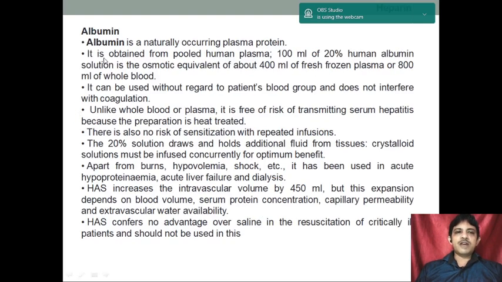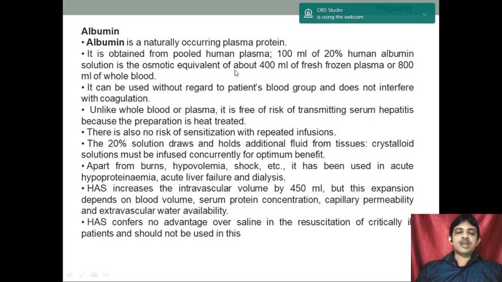Now coming to the first, albumin. Albumin is a naturally occurring plasma protein. It is obtained from full human plasma. 100 ml of 20% human albumin solution is the osmotic equivalent of about 400 ml of fresh frozen plasma or 800 ml of whole blood.